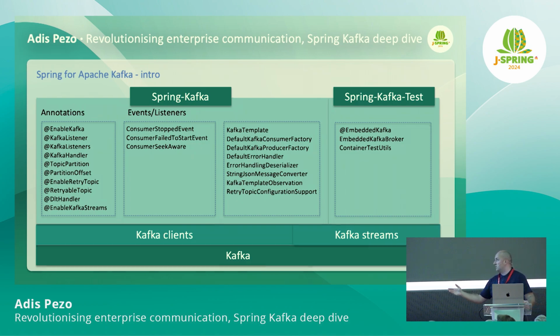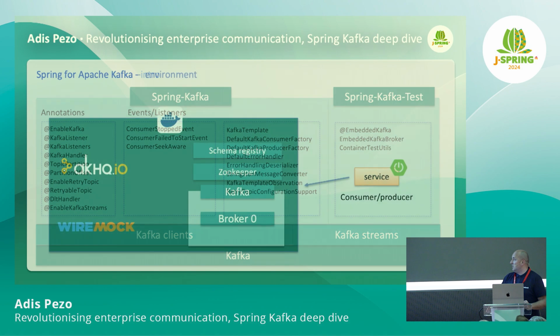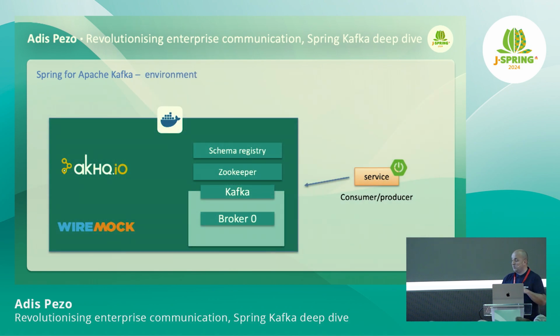And of course, there is a Kafka template so that you can produce Kafka messages to your Kafka. And for testing, there is also a library which contains the embedded Kafka broker, and the container utils if you want to do something with containers, of course. So that is in a nutshell. We will dive deep into it with code.